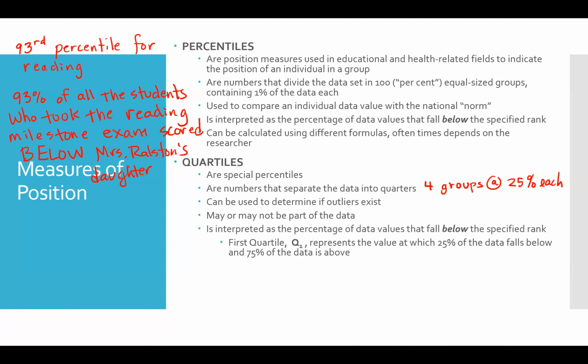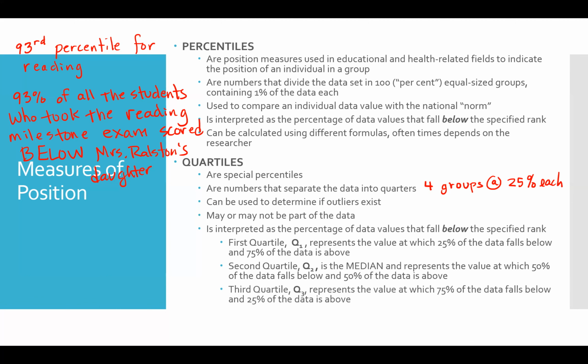So for the first quartile, and the symbol is a Q with a subscript of 1, 25% of the data fall below Q1, and then 75% would be above, because the whole data set is 100%, so you would have 25 below and 75 above. The second quartile is actually the median, and it divides the data set 50-50.